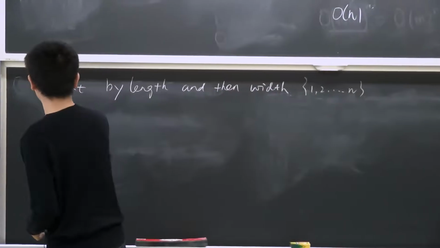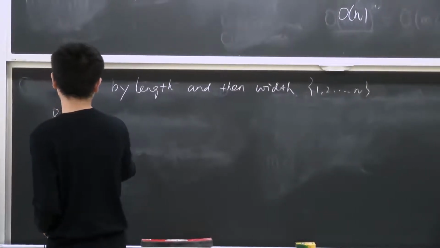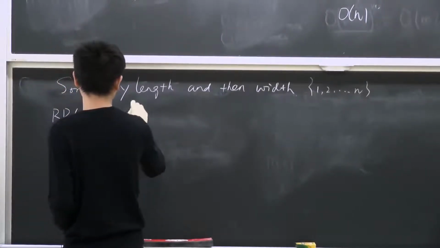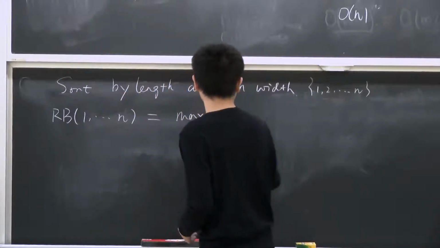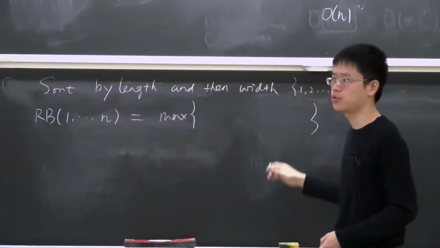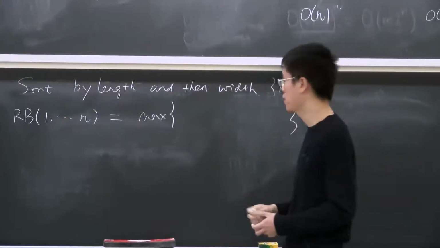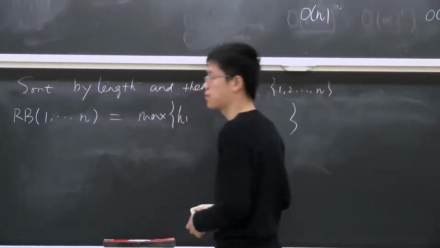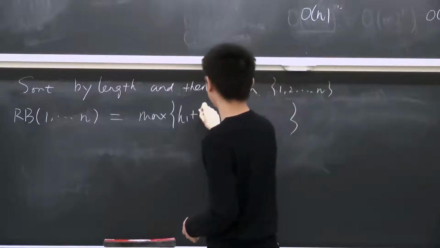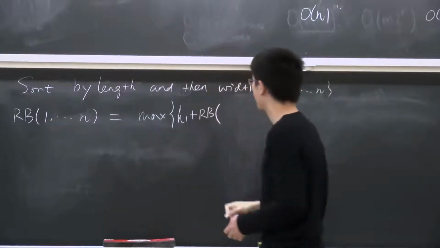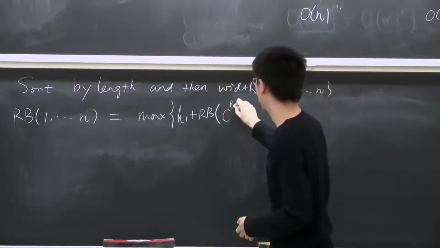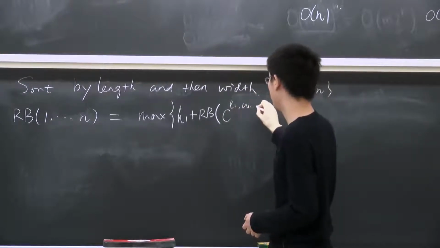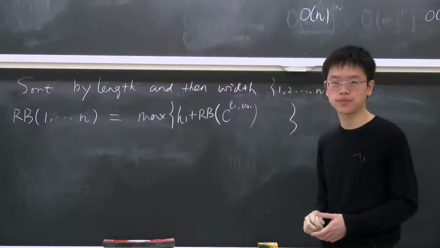So my original problem becomes taking a max, depending on whether or not I choose block 1. If I do, then I get its height, and my subproblem is the ones compatible with it. Correct?